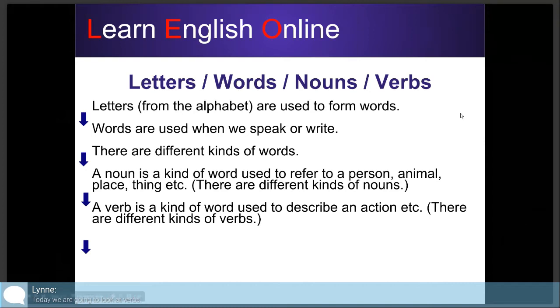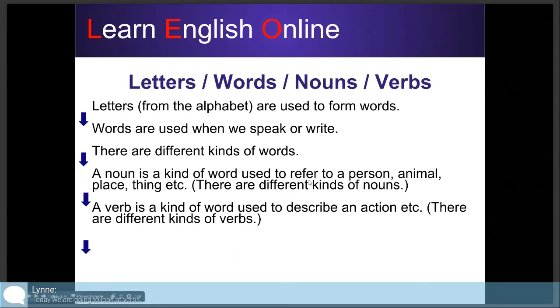Today we're going to look at some of the verbs you can use and a brief introduction to how we use verbs.